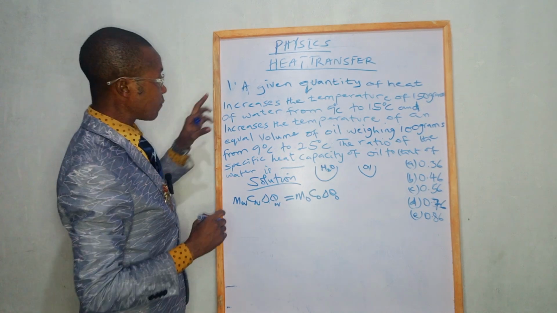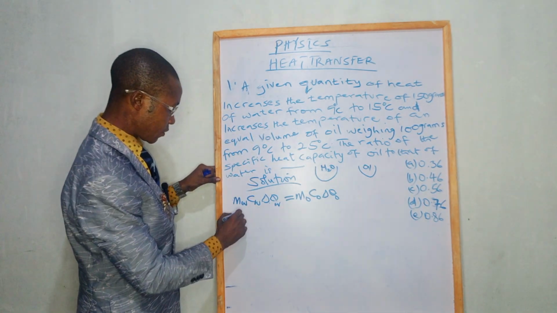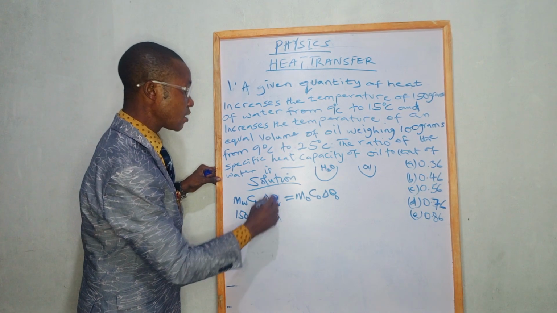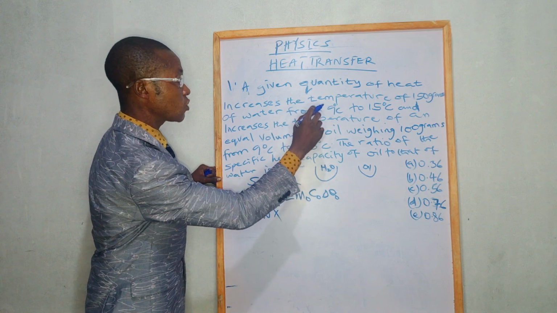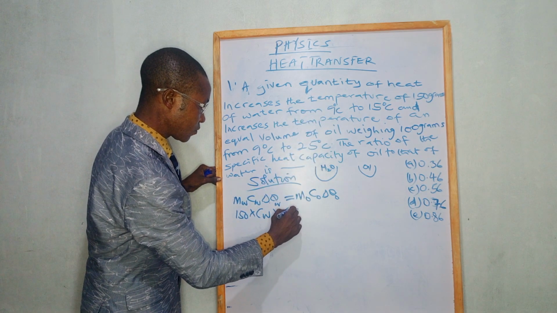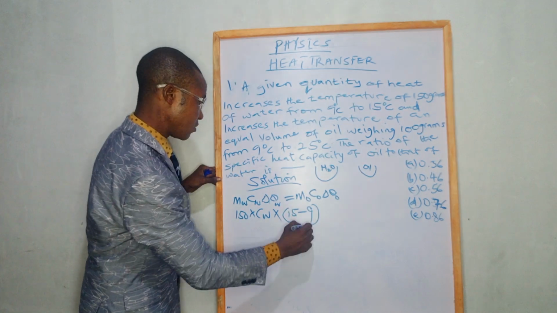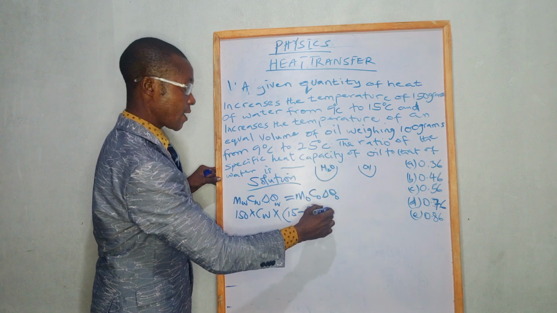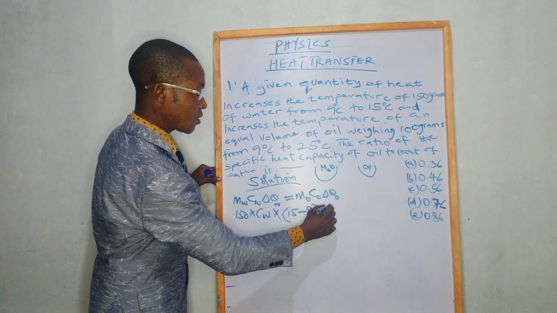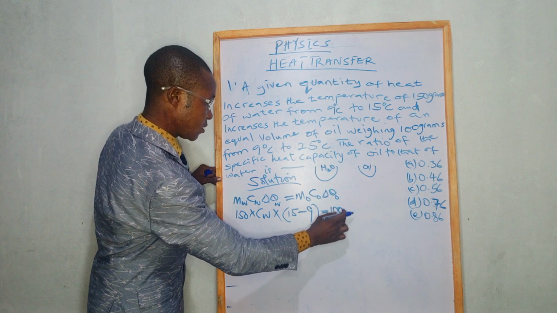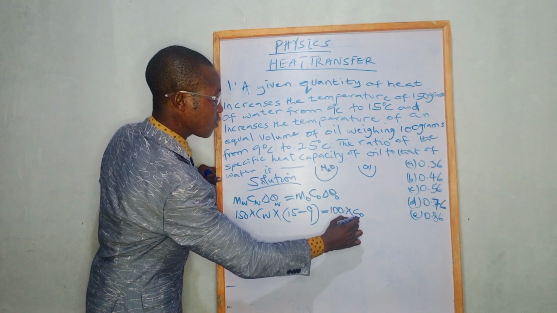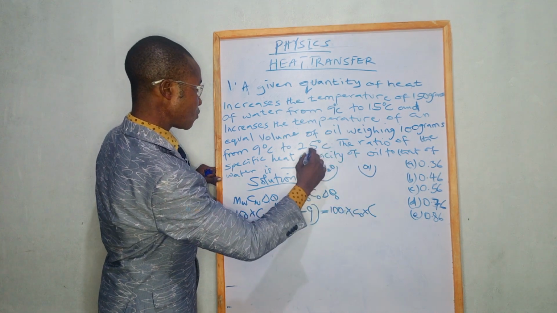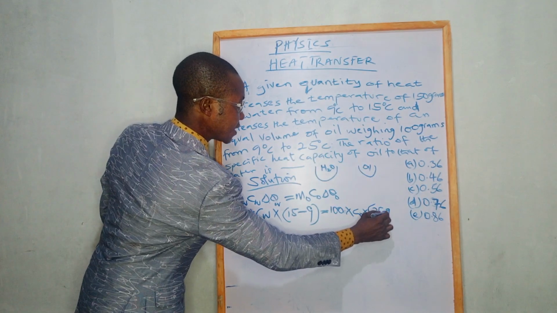So the mass of water from the question is 150 grams, multiplied by the specific heat capacity, multiplied by the temperature change from 15 to 9 degrees Celsius, is equal to, for the oil, the mass of oil 100 multiplied by the specific heat capacity of oil multiplied by the change in temperature of oil, from 25 to 9 degrees Celsius.